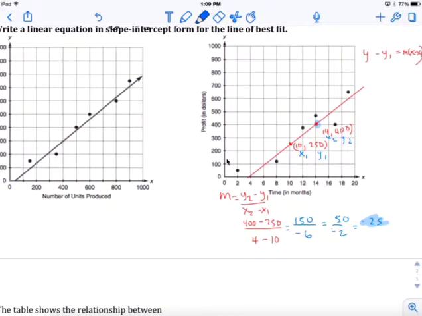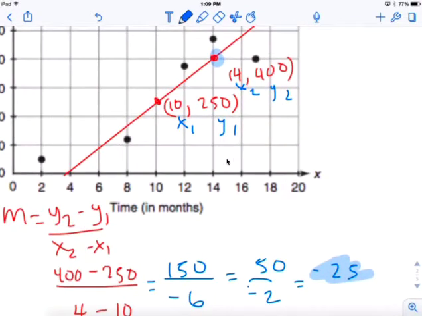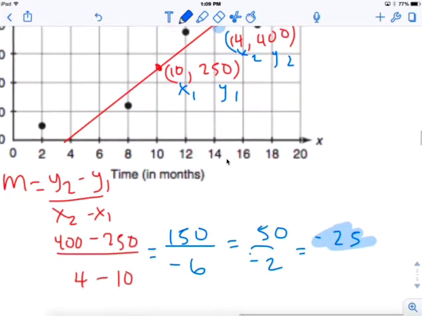Negative is incorrect, though, because it's going up. So what's my mistake here, you guys? 400 minus 250, x minus 10. 14. This is 14. Look at that. I was so happy.